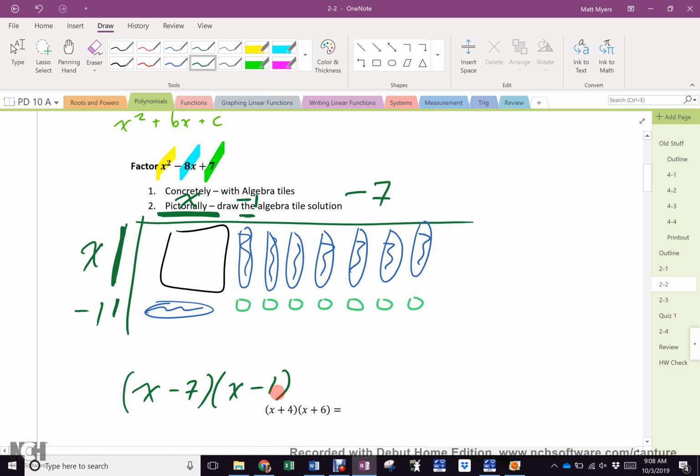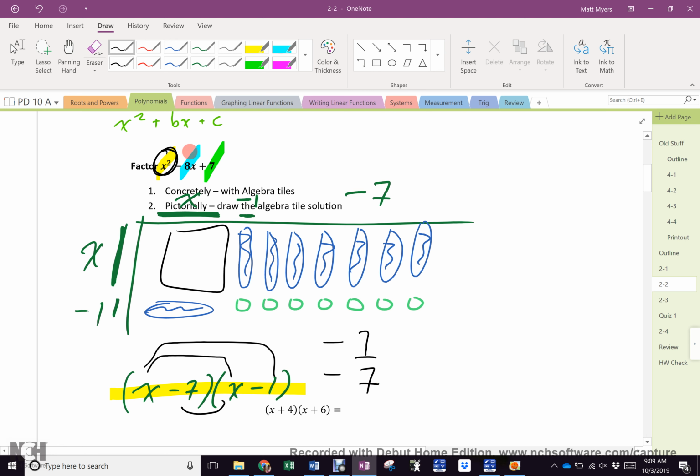Everybody cool? Now, do you ever need to say, Mr. Myers, am I doing it right? Once you get to here? No, of course not, because you know if you're doing it right because you check. X times X is X squared. x times negative 1 is negative 1. Negative 7 times x is negative 7.